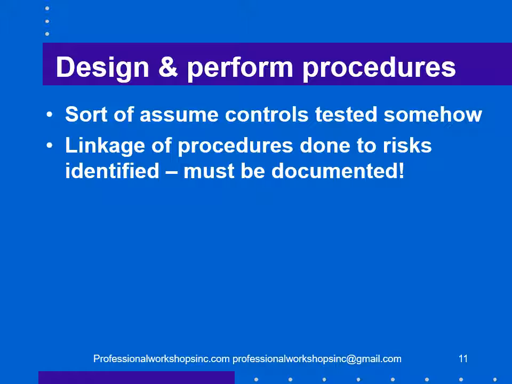So that loop back, that linkage back, must be documented. And don't forget quality and documentation. You're going to do the audit wrong if you don't consider that and you don't do that linkage back. So it's really, really important, not just for the purpose of having a prettily documented file, but really important for doing the audit right.